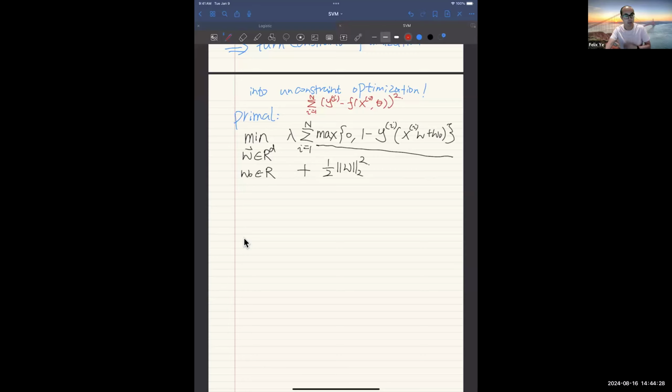So this is the mean square error. But here in the middle, we have a different type of error: the maximum of 1 minus z and 0. So this is called hinge loss.